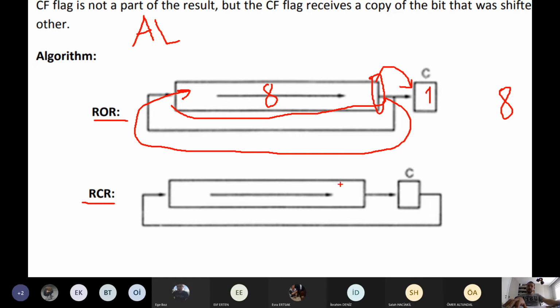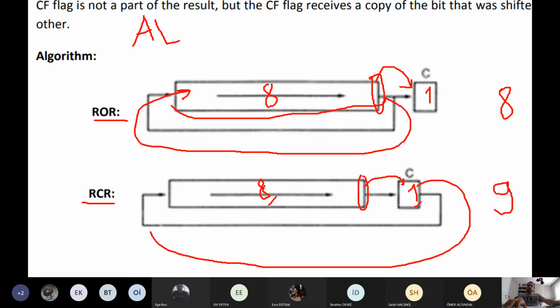Rotate through carry right will rotate the 9-bit because the value is 8-bit, the carry flag is 1 bit. It will copy the most significant bit into carry flag and carry flag into least significant bit.